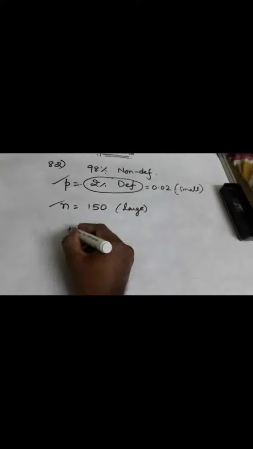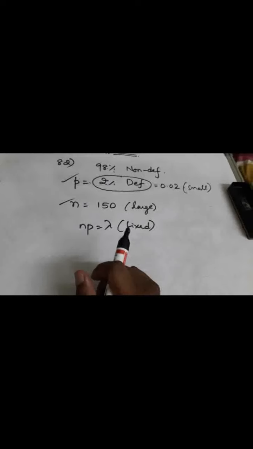And n is 150, which is large. When p is small and n is large, np becomes lambda. So this is the binomial approximation to the Poisson distribution. In some cases, based on small p alone, we can decide it's a Poisson distribution problem.